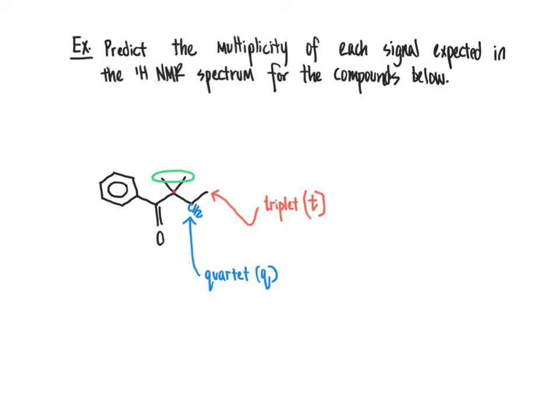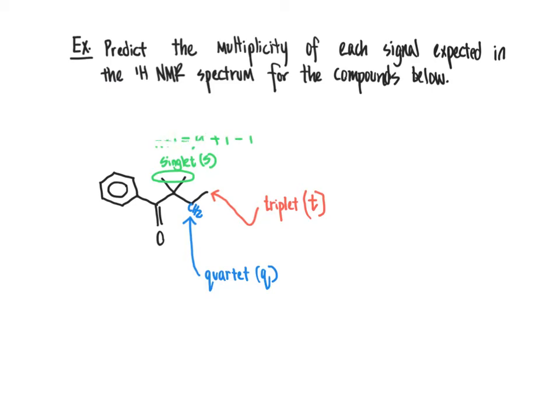Looking at that adjacent carbon atom, there are no hydrogens directly bonded there. And so therefore, applying the n+1 rule, n would equal 0 because there's no vicinal hydrogens, plus 1 gives us 1, which means that we would have a singlet at this position.